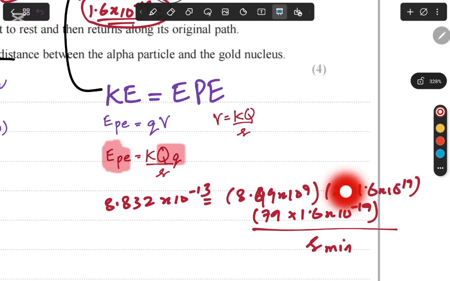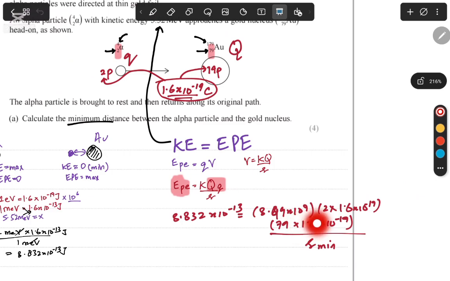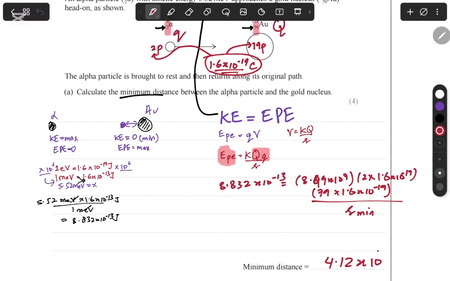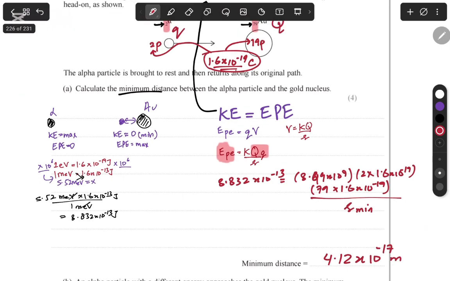This is going to be the charge on the alpha particle, and this is going to be the charge on the gold nucleus, so 79 times the charge on a proton. And then we can solve for our minimum distance, which is going to get us 4.12 times 10 to the power of minus 17 meters. So that's the minimum distance.